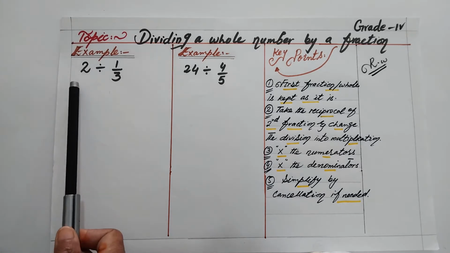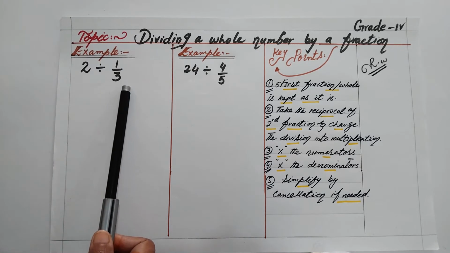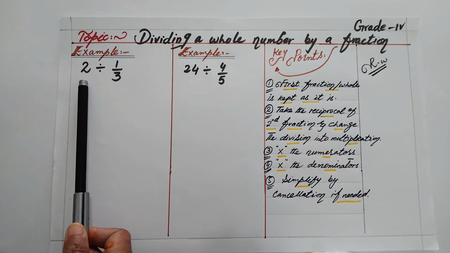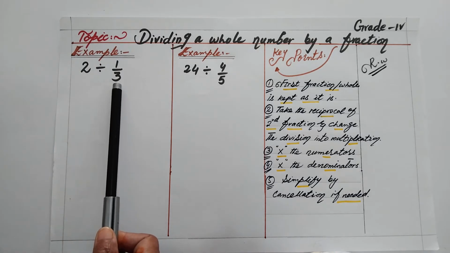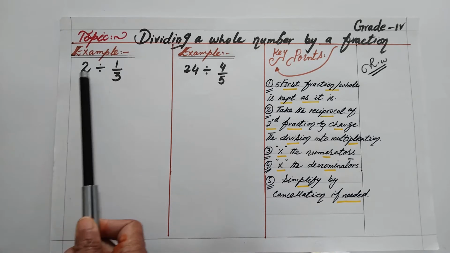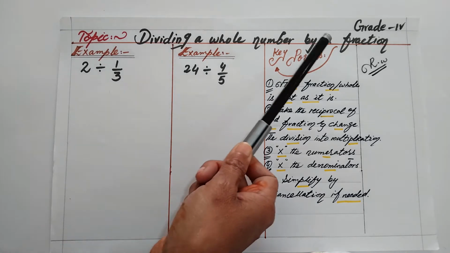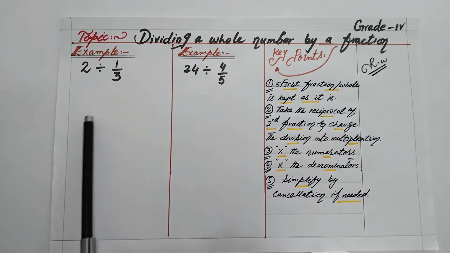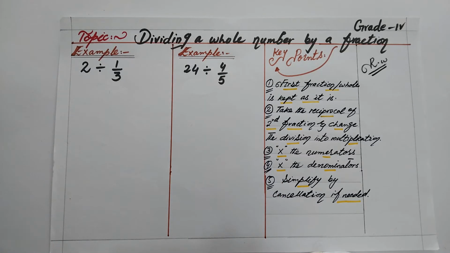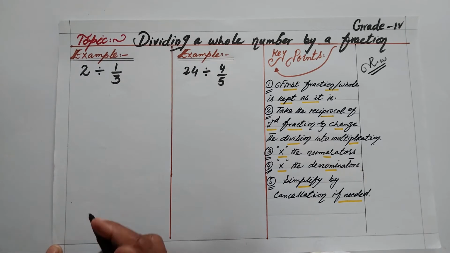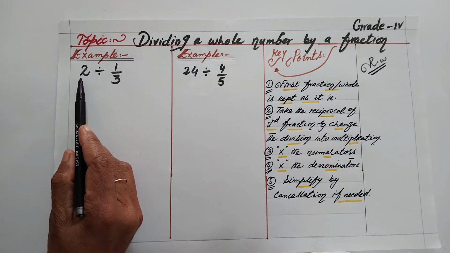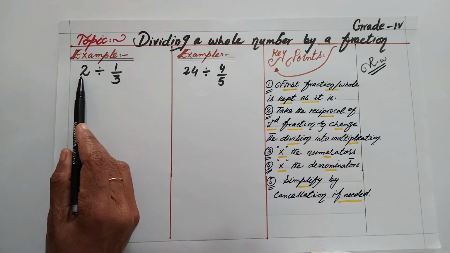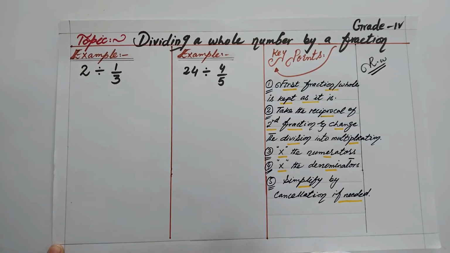The first one is 2 divided by 1 over 3. As 2 is a whole number and 1 over 3 is a fraction, we have to divide the whole number by a fraction. So let's start. In the previous lecture, I told you that we can write a whole number in the form of a fraction. How?